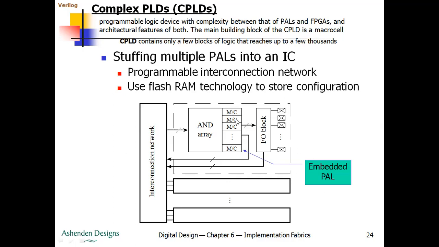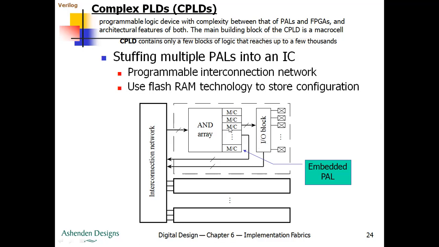MC stands for macro cells, and it is the extension of OLMC that we saw in the previous figure. But here, these MCs are not directly connected to the output pins. Instead, an MC is connected to the output pin through this IO block.